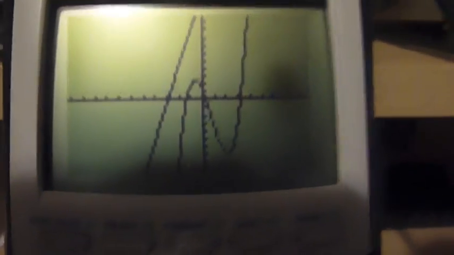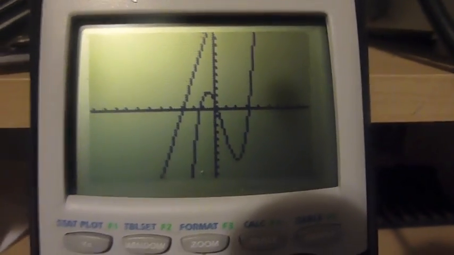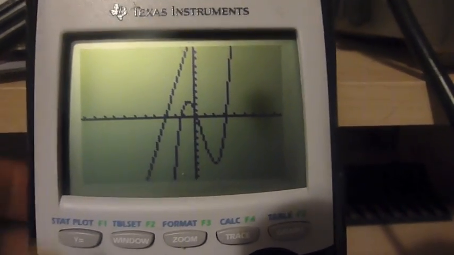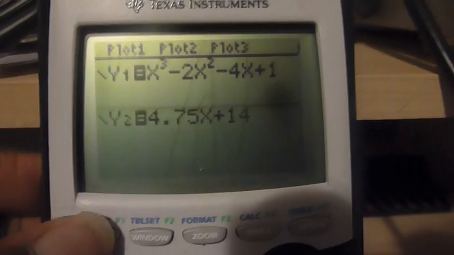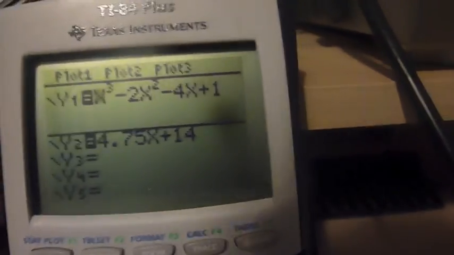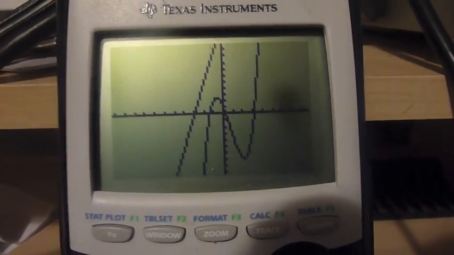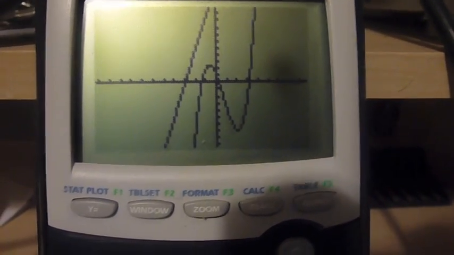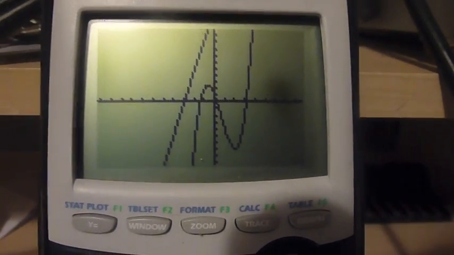And what I've done here is put both of the graphs side by side, putting the first graph in y1, second graph in y2, and then looking at both of them and seeing how the first one changed to the second one after evaluating the problem.